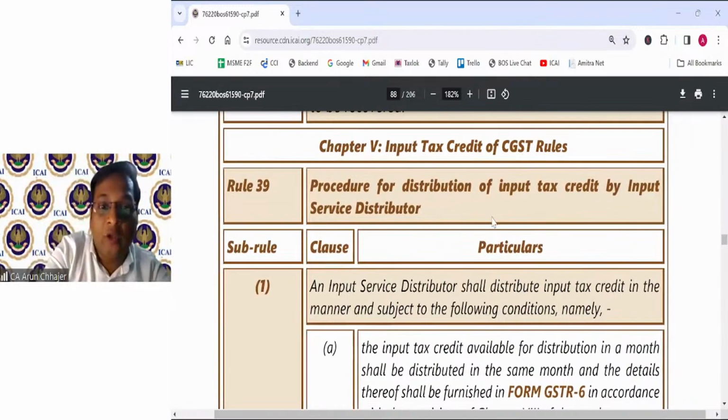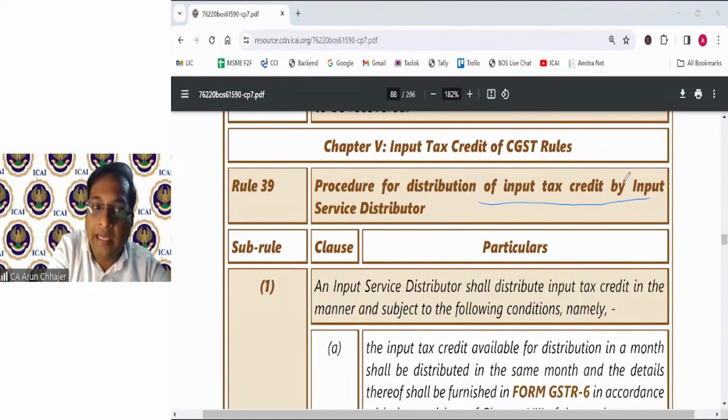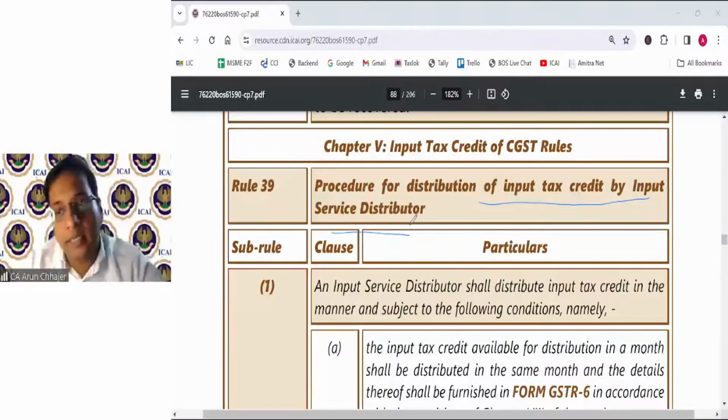What is rule 39? Rule 39 is regarding the procedure for distribution of ITC by input service distributor. So now we are talking about the process.